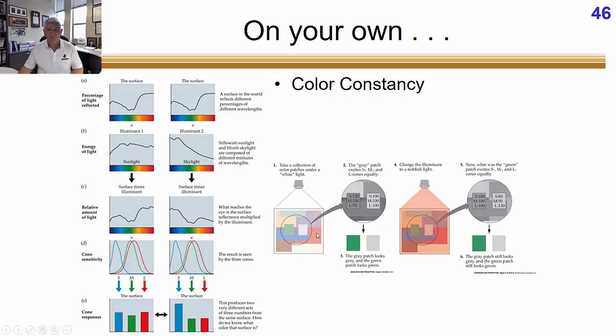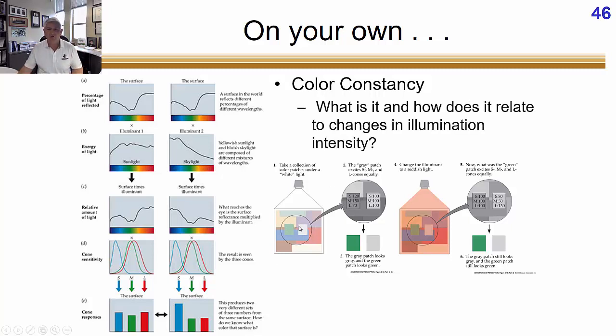But essentially what we're talking about is if we change the illumination, the type of light. So here we have white light and we have a green and a gray patch. If I now change the color in the room to red light, you're still going to associate this with green and white, but the input to your cones is going to be very different.